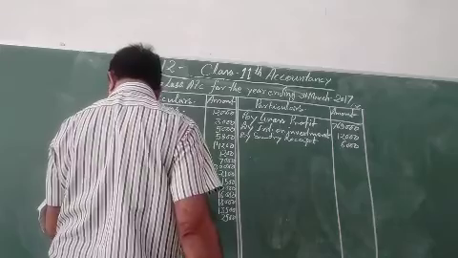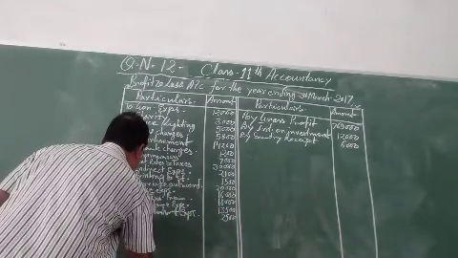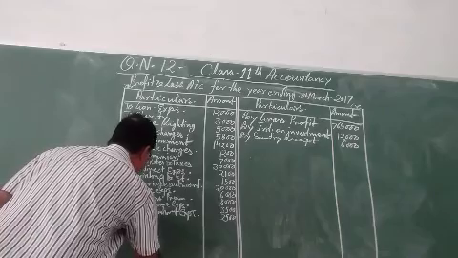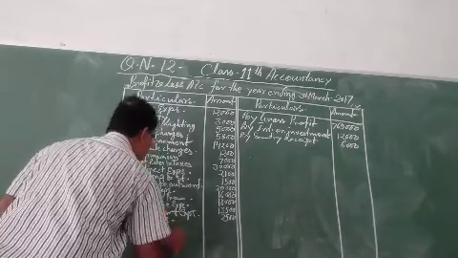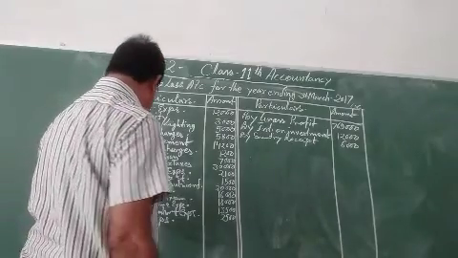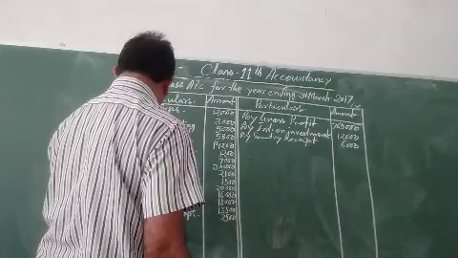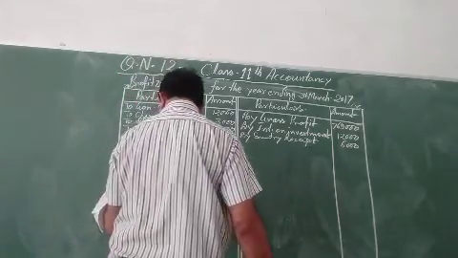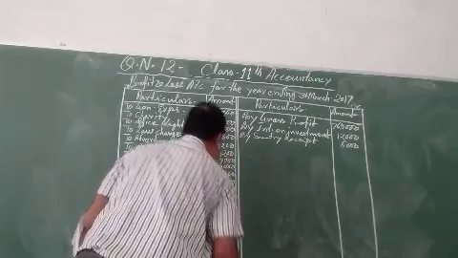Miscellaneous expenses 2,500, to miscellaneous expenses. This one is the expenses, will be recorded in the debit column of the profit and loss account, 7,100.